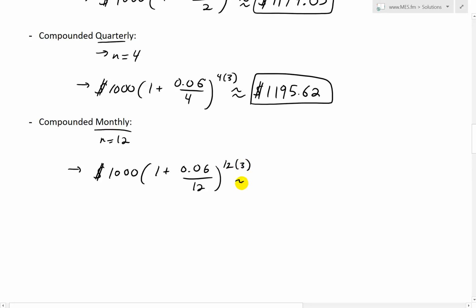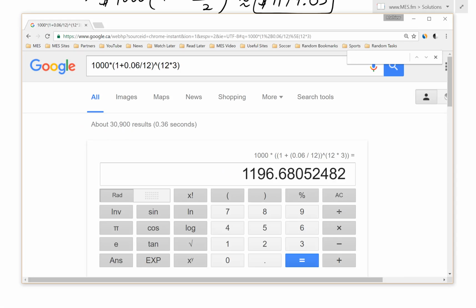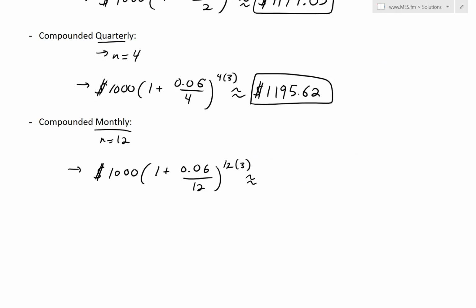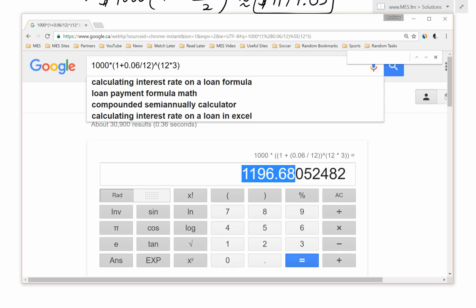Plug this into the calculator; the only thing we're changing is n is 12 now, and then 3. Now our answer is roughly 1196.68.